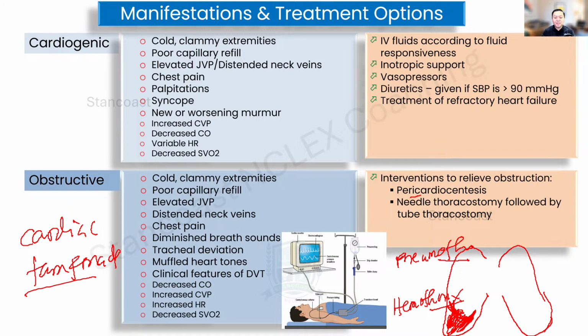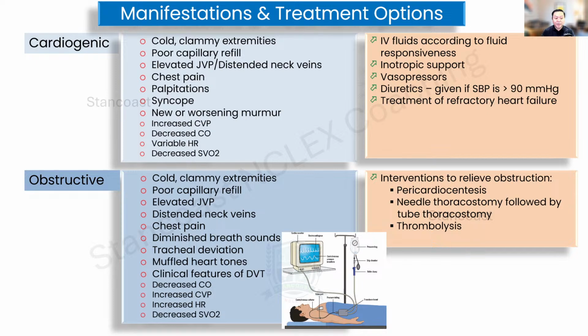Now this time we're going to talk about the treatment of the blood clots, especially in the case of pulmonary embolism. Remember that pulmonary embolism is actually part of the obstructive shock. We can treat the patient with the use of those clot busters to lyse those big blood clots in the pulmonary artery, so to prevent damage and also to treat the right-sided heart failure.